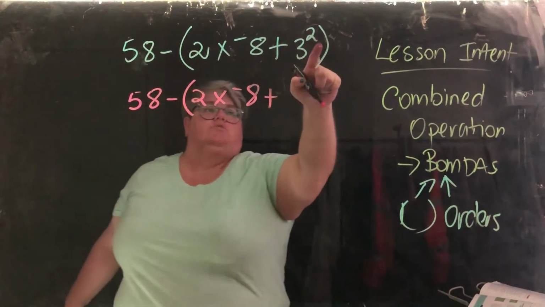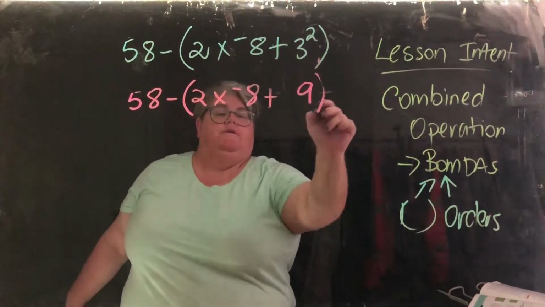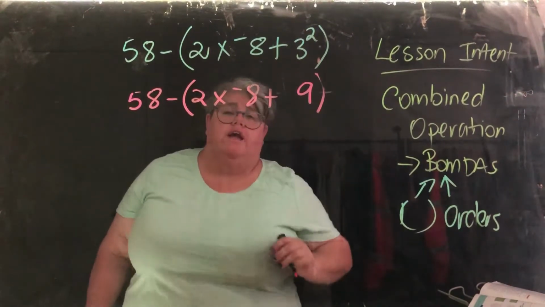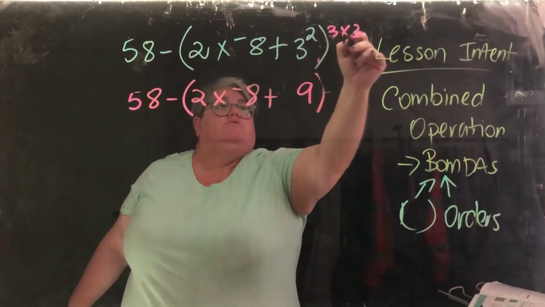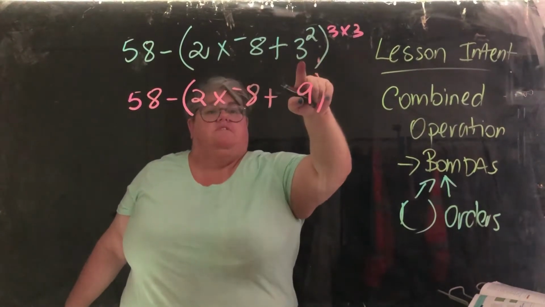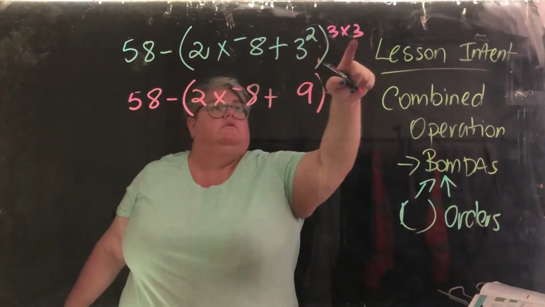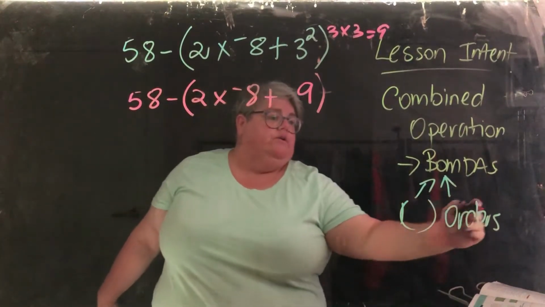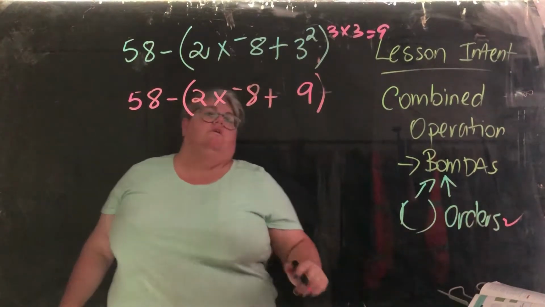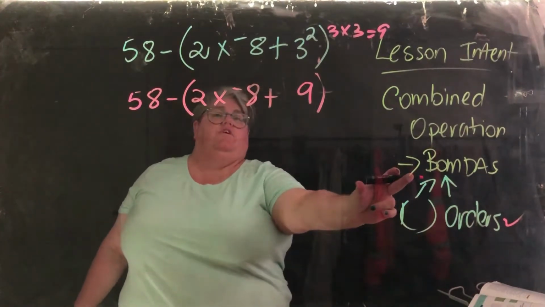Now, 3 squared is 9. If you're not sure, put it in your calculator and have a look. So all this is really 3 times 3. So we're saying times this number by 2. So it's 9. We've done our orders. Tick.